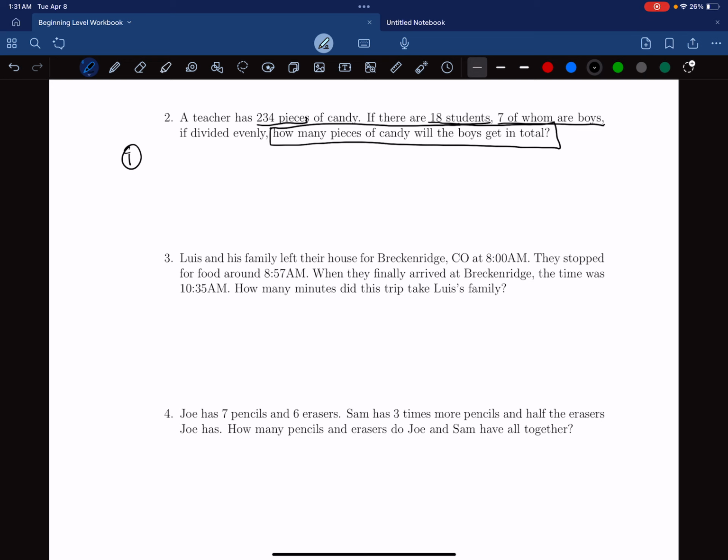So we're going to take the 234 pieces of candy and divide it by 18 students. If you divide 234 by 18, you'll get 13. So that means each student will get 13 pieces, 13 pieces per student.